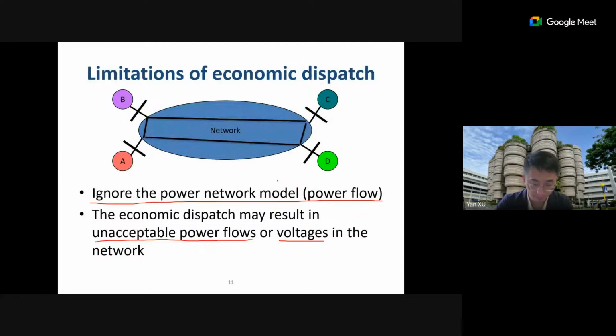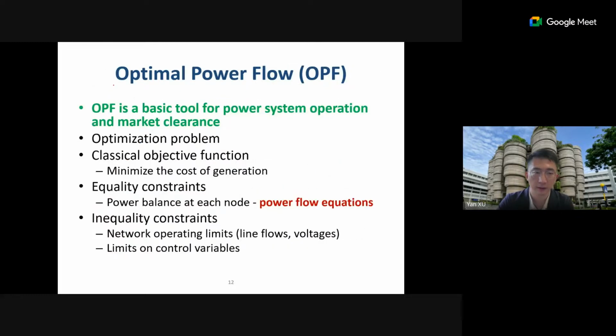Okay. Now, in order to cope with these inadequacies, people later developed the optimal power flow technique, so-called OPF. OPF is nowadays a widely applied tool for power system operation and market clearing. By its name, optimal power flow is to optimize the entire power flow of the network.